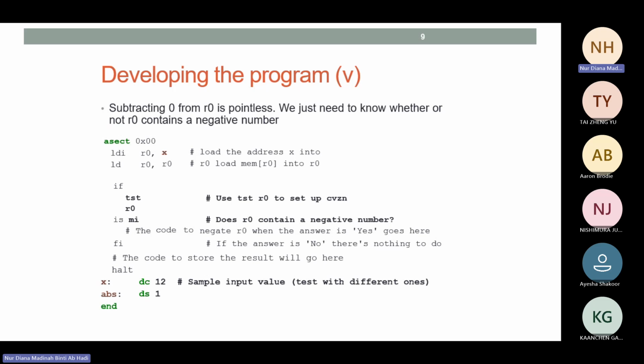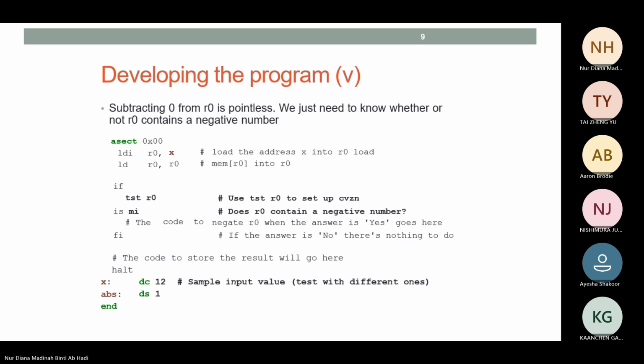Subtracting 0 from R0 is pointless. We just want to know whether your value is or is not a negative number.